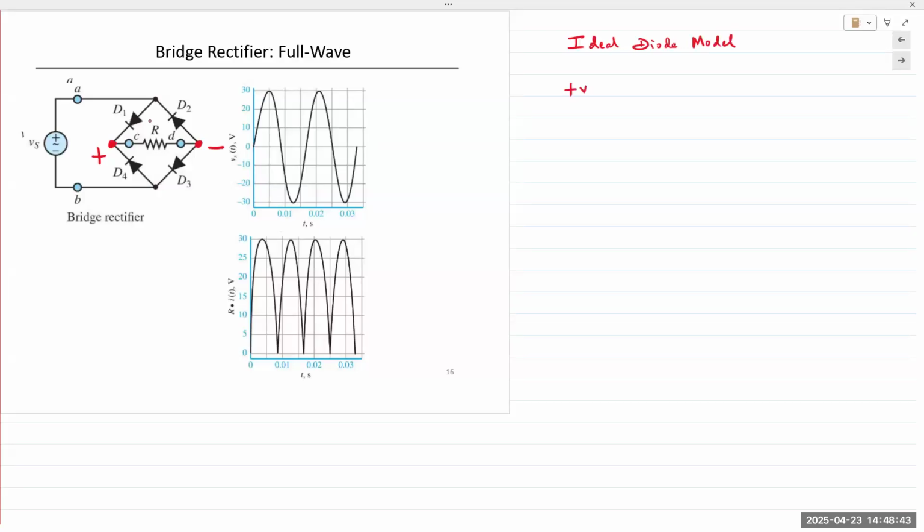In the positive half cycle, if you look at the circuit, which diodes are on and which are off?